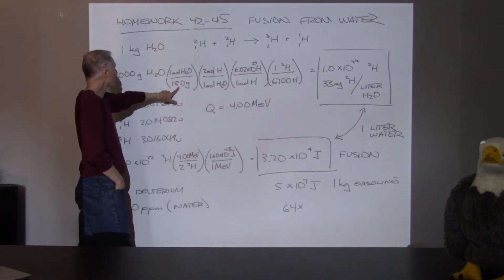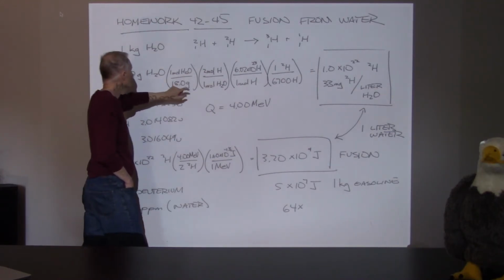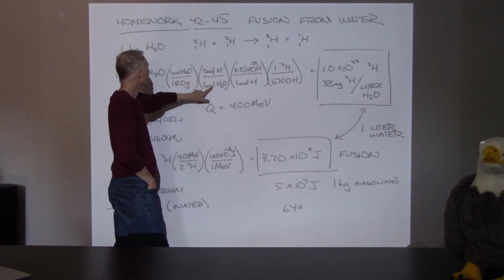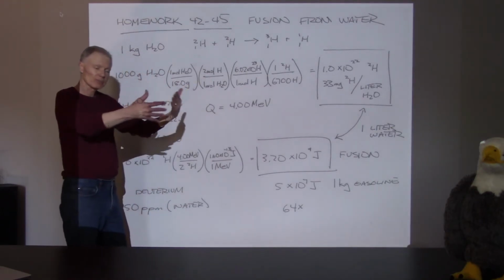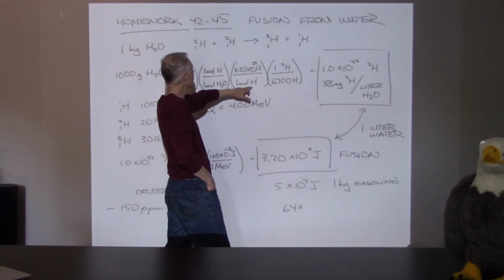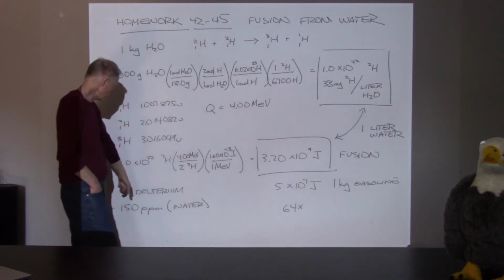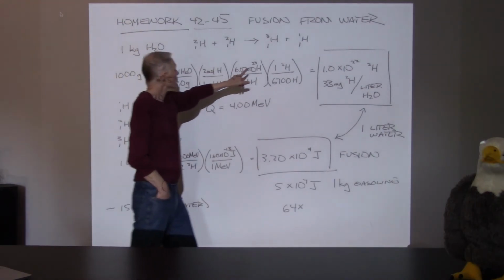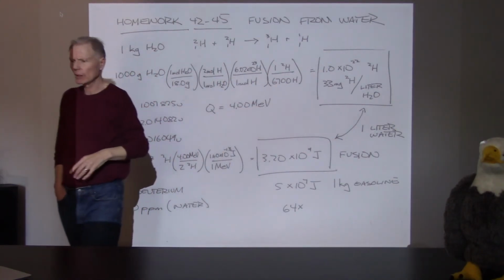The molar mass for water is 18 grams per mole of water. That's going to tell me how many water molecules I have. And then for every mole of water, I'm going to have 2 moles of hydrogen. So I'm separating off the hydrogen. And then for every mole of hydrogen, that's Avogadro's number. And then what that 150 parts per million is equivalent to is 1 deuterium out of every 6,700.